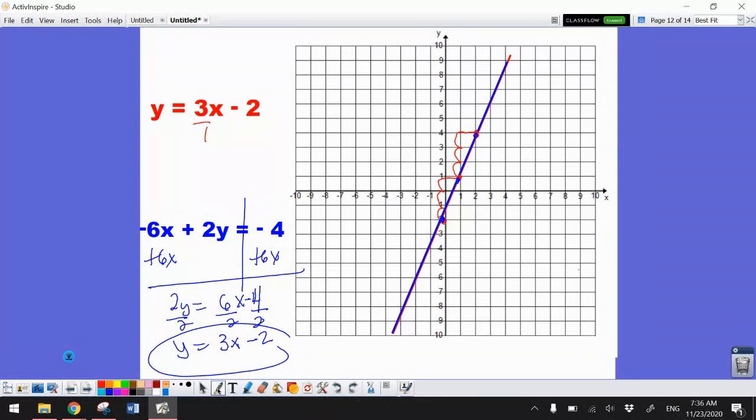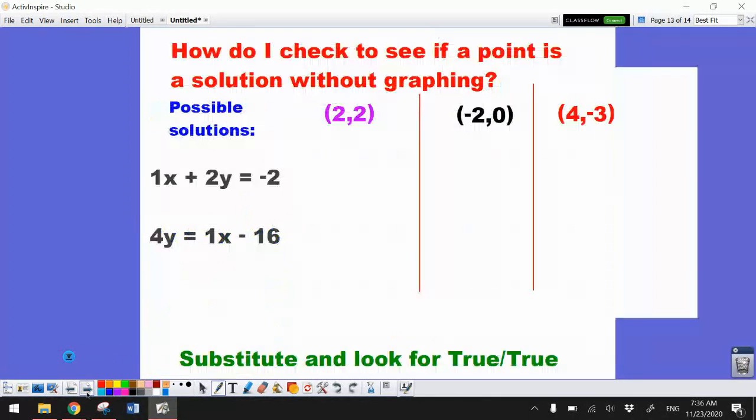Yeah, the answer is infinitely many. Because they intersect here, here, here, here, here. They intersect everywhere. So since there's more than one answer, that means every number works. So the answer is infinitely many solutions.